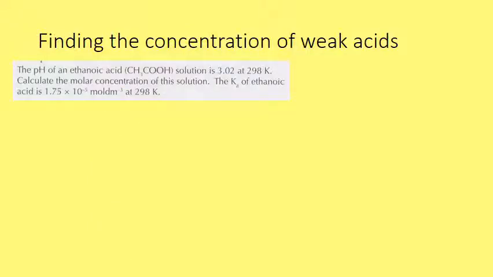So one of the other types of calculations we do on weak acids is to find the concentration of those weak acids. And so we've got such an example here where we are given the pH of the weak acid, 3.2, and we're given the Ka of the weak acid, 1.75 times 10 to the minus 5.